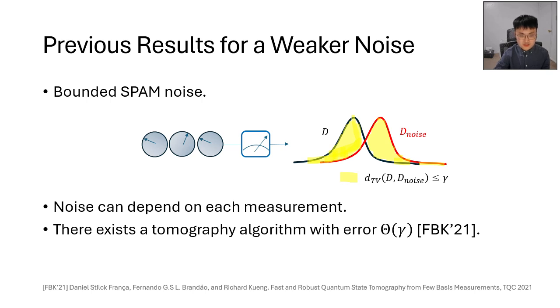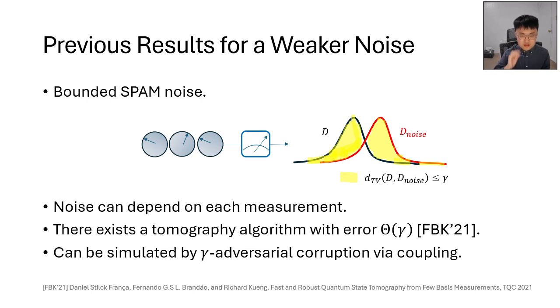So under this noise model, we can design a tomography algorithm that learns any unknown state with an error of gamma, which is information theoretically optimal. I want to say that our noise model, the gamma corruption model, is actually stronger because an adversary can simulate the effect of bounded span noise by changing roughly gamma fraction of the outcomes using a well-known coupling argument.